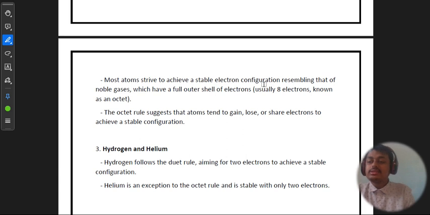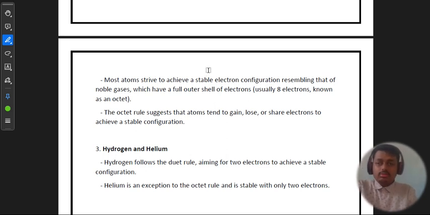All the other elements in the periodic table want to achieve this stability, and in this process the elements lose or gain electrons and form bonds.